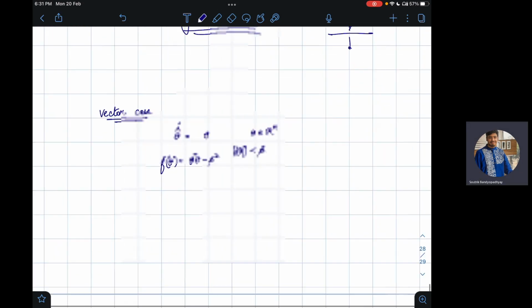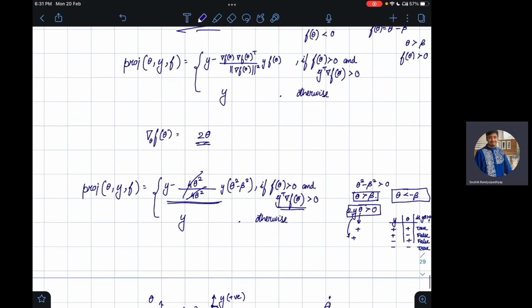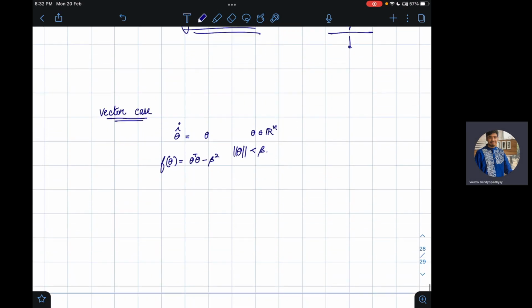And we could do a similar analysis wherein we would have this kind of structure again, and the projection operator would ensure that theta is bounded. So this was all about the projection operator.